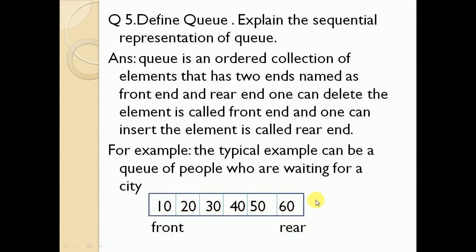From the rear end you can insert an element, from the front end you can delete an element. After inserting from the rear end, 10, 20, 30, 40, 50, 60 are there. Now suppose you want to delete from the front end, you remove 10 first, 20 second, 30 third, then 40, then 50, and lastly you remove 60.